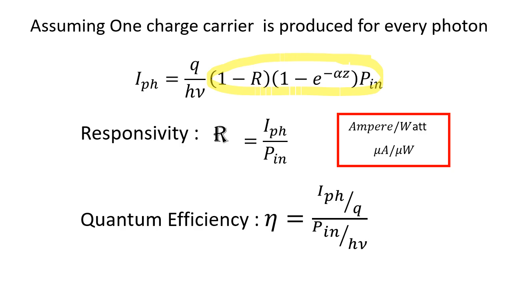So P in by h nu is giving you the number of photons coming in per unit time, and I photocurrent by Q is giving me the number of charges that you're generating per unit time. So the ratio of these two numbers, that is the number of photons coming in and the number of charges being generated, is what is called the quantum efficiency. It is characteristic of the intrinsic characteristics of the material being used in the process of detection, right? So that is why it is called the quantum efficiency.